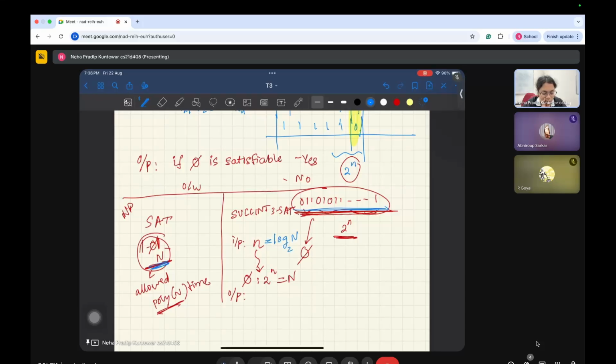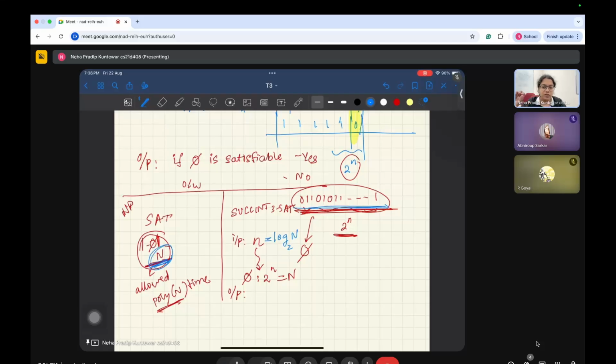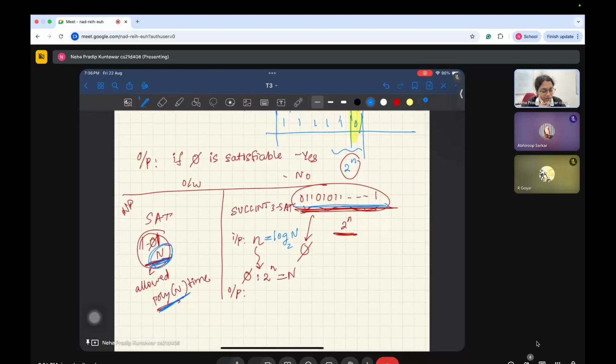Now notice that earlier I was allowed to run in polynomial time with respect to input size, which is capital N. Now I have polynomial time with respect to the input size, which is small n, but that is going to be logarithmic with respect to capital N. So we want polynomial in terms of n, and something which is polynomial in terms of capital N would obviously be exponential in terms of the small n.